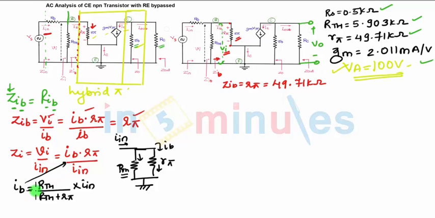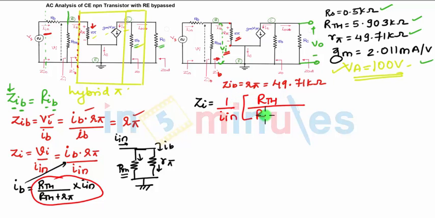So I can substitute this IB over here. Equation for ZI will be, instead of IB I will write this entire term. So 1 upon I in if I am taking out, what I will have is RTH upon RTH plus R pi, the whole multiplied by R pi into I in.